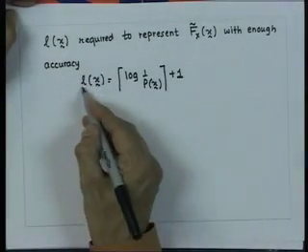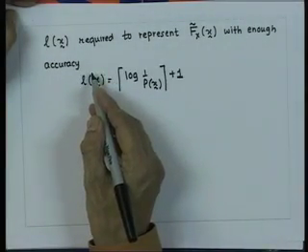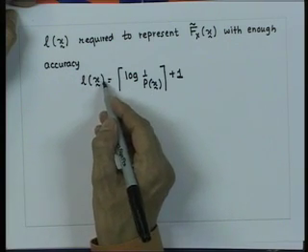So, L(x) is the number of bits required to encode the entire sequence x.